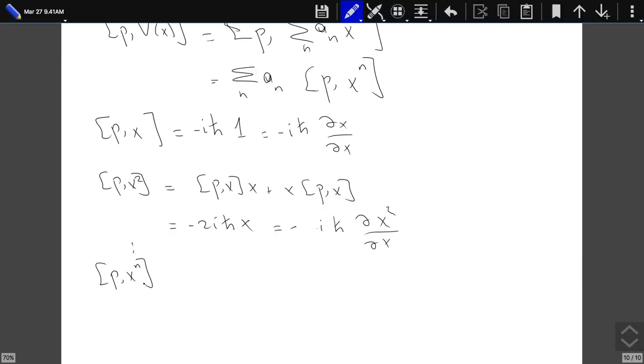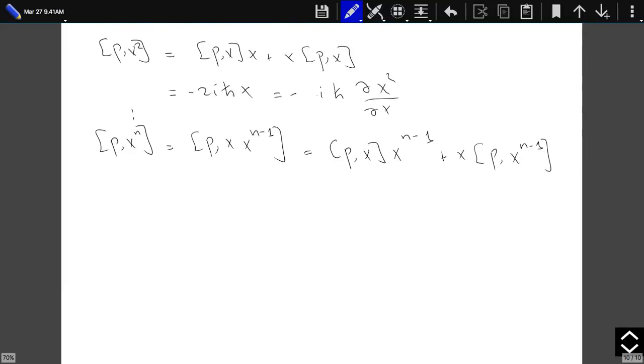Now the commutator of p with x to the power n is equal to the commutator of p with x times x to the power n minus 1, so let me write it in this form: the commutator of p with x times x to the power n minus 1, plus x times the commutator of p with x to the power n minus 1. This is minus i h bar x to the power n minus 1 plus x times the commutator of p with x to the power n minus 1.